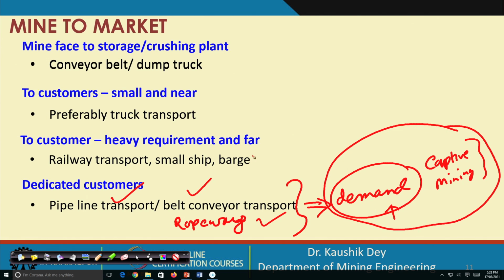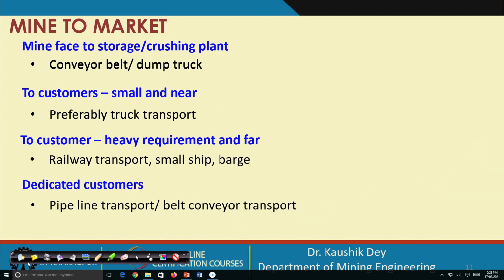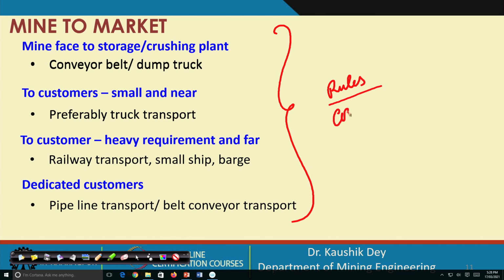But where there is a flexible demand and our customers are also not fixed, in those cases the other systems are utilized. However, the adoption of these also depends on the country's rules, cost and availability.